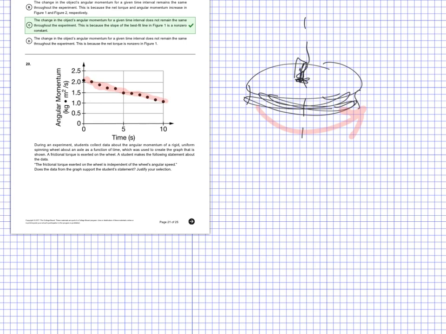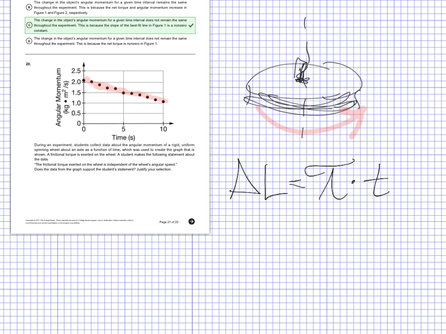So the skills needed in this one are you have to know what is causing a change in angular momentum, so there must be a torque. This is actually the third or fourth time this idea has come up on these checks, that to change the angular momentum, a net torque has to be applied.